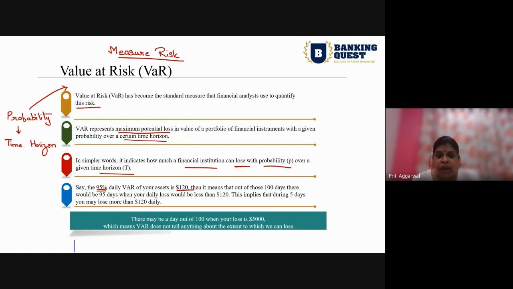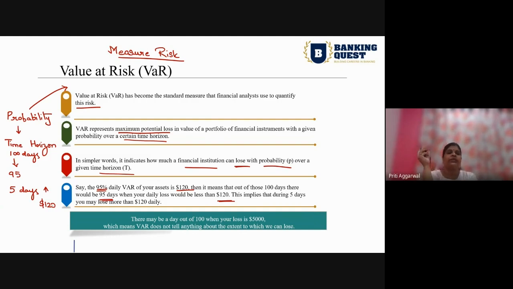Out of 100 days, let's say my time horizon is 100 days, there would be 95 days out of the 100, since I am talking with a level of confidence of 95%, right? So I will say that out of 100 days, on 95 days my losses will be less than $120. That means there are only 5 days when the losses may go above $120. That is how we understand VAR.